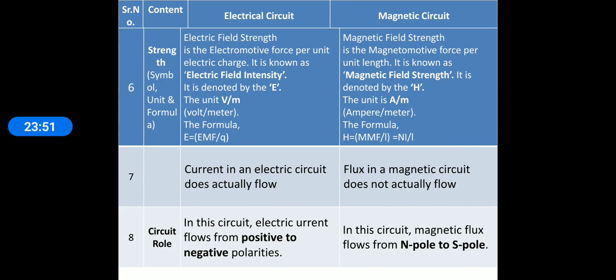Number 8, circuit role. In an electrical circuit, the electric current flows from positive to negative terminals. In a magnetic circuit, the magnetic flux flows from N pole to S pole.